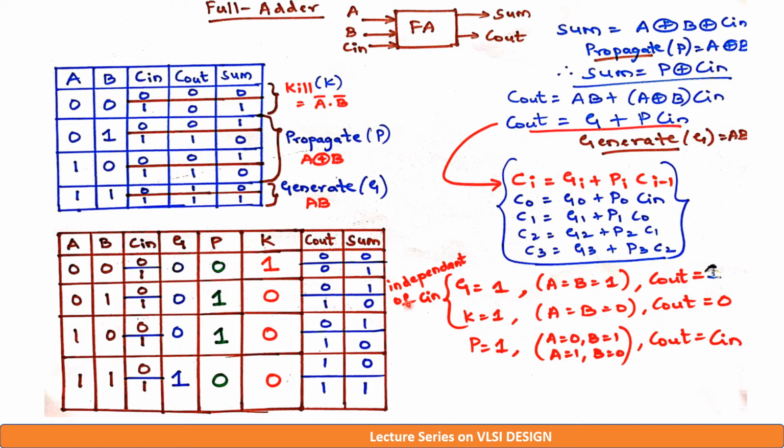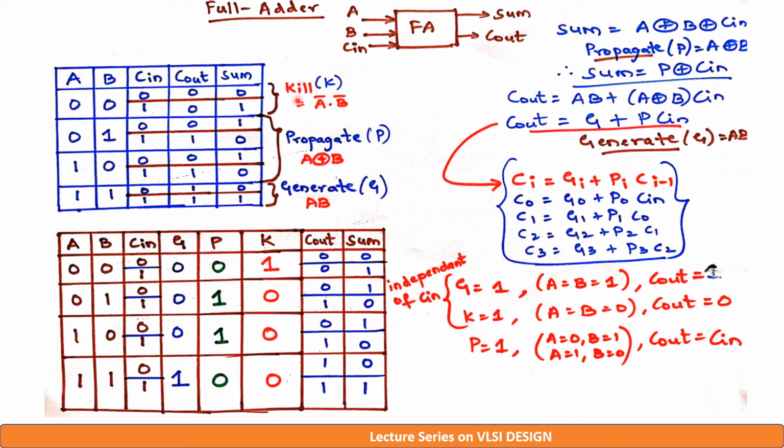So before beginning with the next concept, let us first understand the kill, propagate and generate concepts of a full adder. Consider a 1 bit full adder with inputs A, B, C in, outputs sum and Cout. If A is 0, B is 0, there is no generation of carry, so carry output is 0.